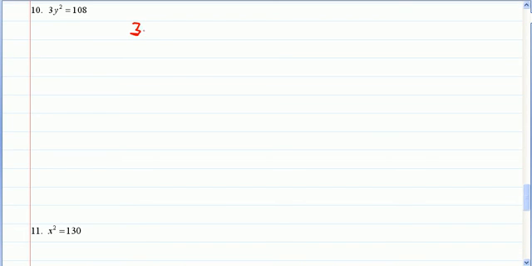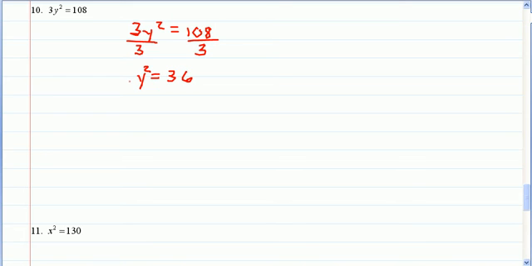For number 10, we have 3y squared equals 108. And what I first want to do is get the y squared by itself. Since the 3 is being multiplied, we divide both sides by 3 so that we get y squared is equal to 36.